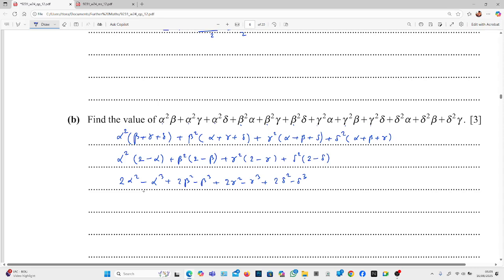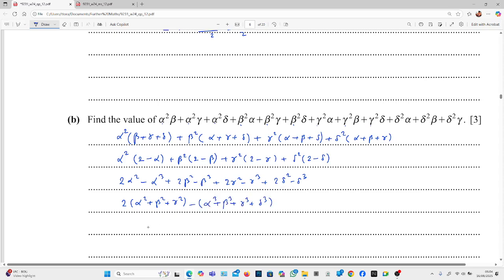So now we can factor further. We have 2 alpha square, 2 beta square plus 2 gamma square, which is 2 into alpha square plus beta square plus gamma square. Then I've got minus alpha cube, minus beta cube, minus gamma cube, minus delta cube.